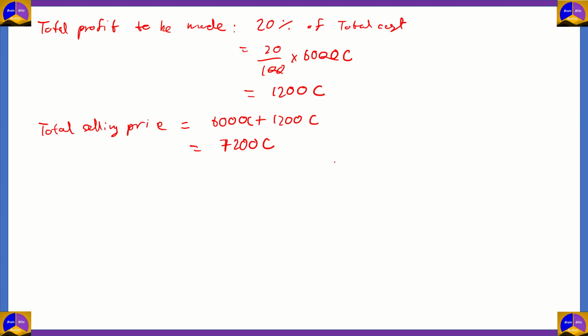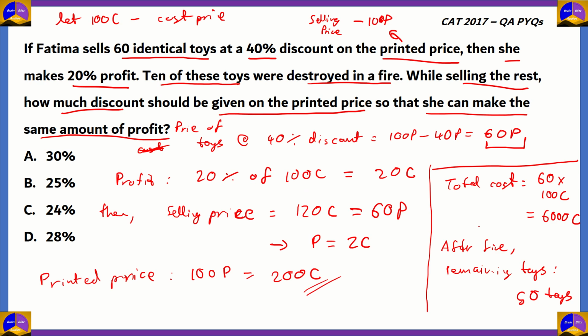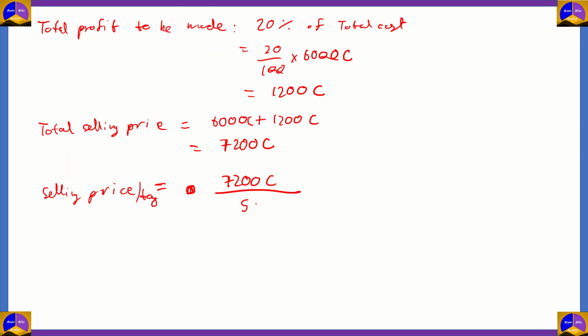Now, if you look at it, we just have to divide that per toy. So the selling price that Fatima would give per toy will be equal to 7,200C over the number of toys, which in this case is 50.